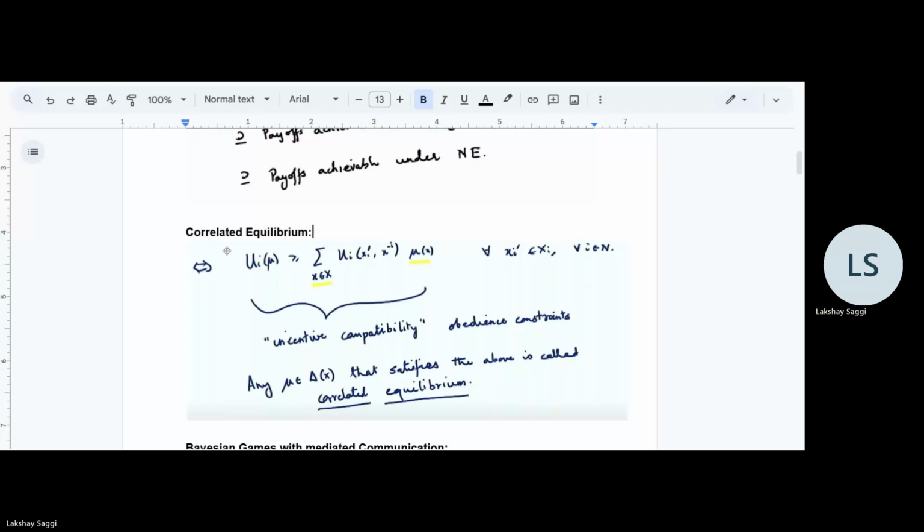So this is the constraint which should be followed for every player, and only then will all the players follow the mediator strategy. That's why this constraint acts as an incentive for the players to follow what the mediator is saying, and it is also called incentive compatibility, or the obedience constraint: the players are actually obedient to the mediator even though they don't necessarily have to, but because it's in their best interest to be obedient.